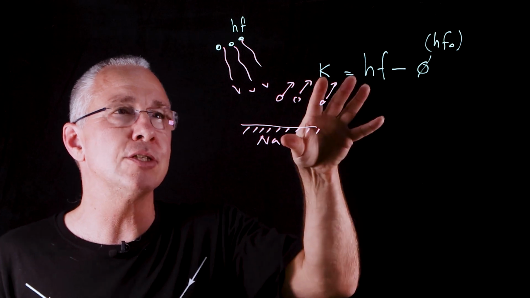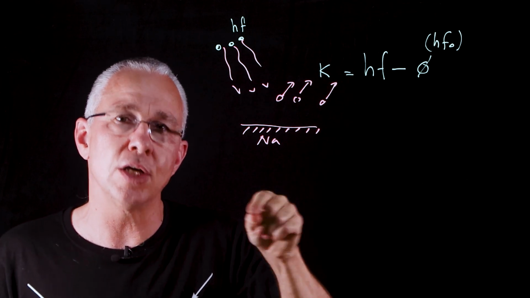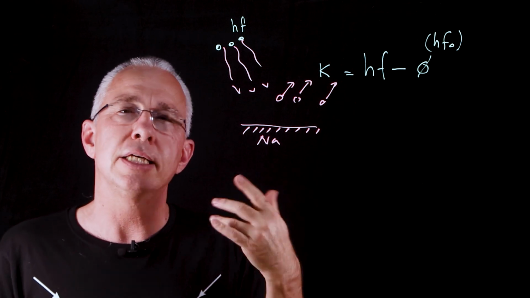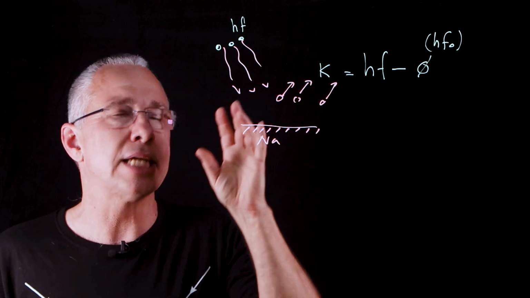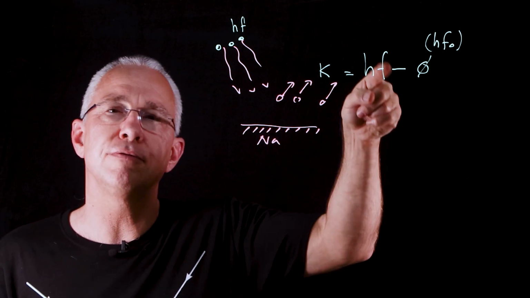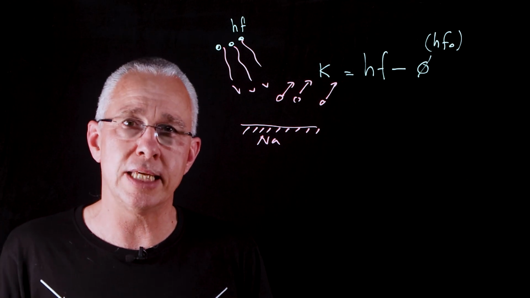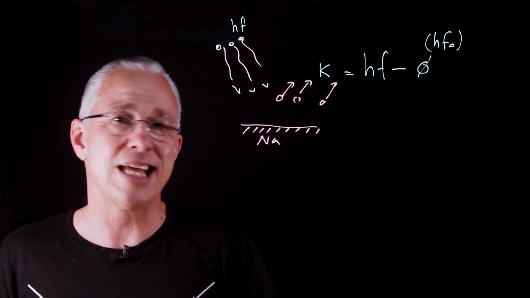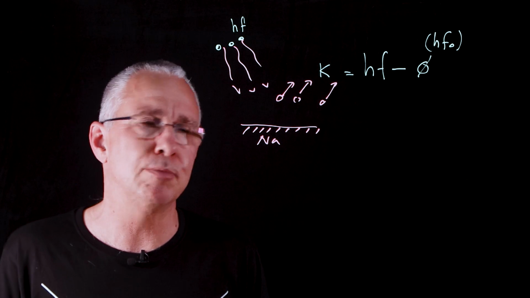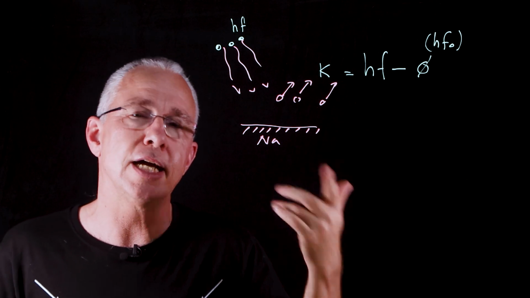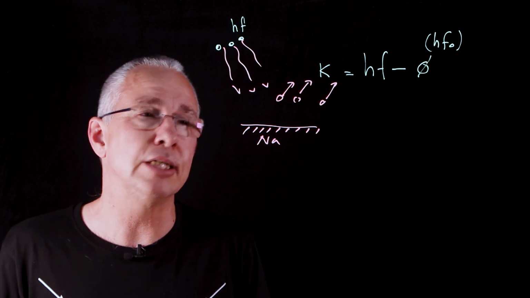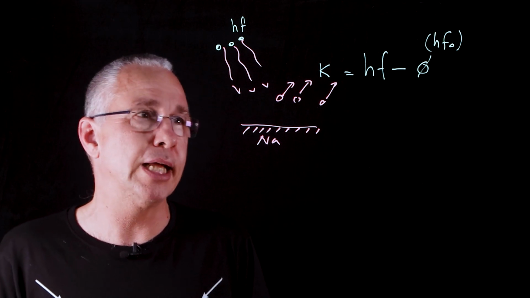The point is that what increases the kinetic energy is not the intensity of the light, it's the frequency of the light. Intensity simply is how many photons you get, and that does not affect the velocity or the kinetic energy of my photoelectrons.